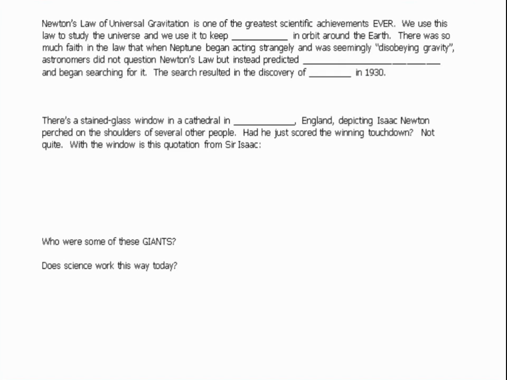Newton's law of universal gravitation is one of the greatest scientific achievements ever. We use this law to study the universe, and we use it to keep satellites in orbit around the Earth.